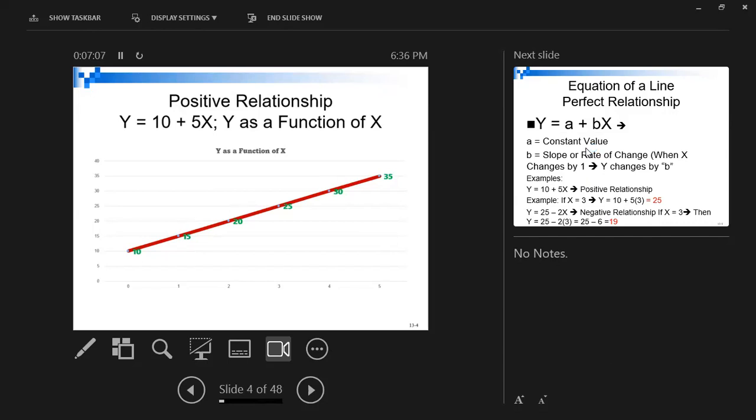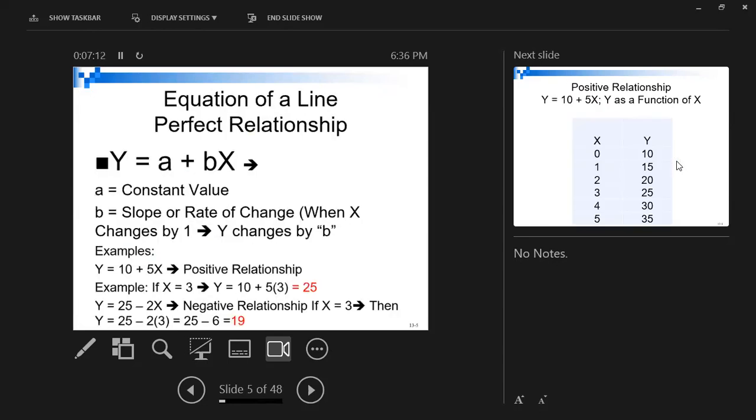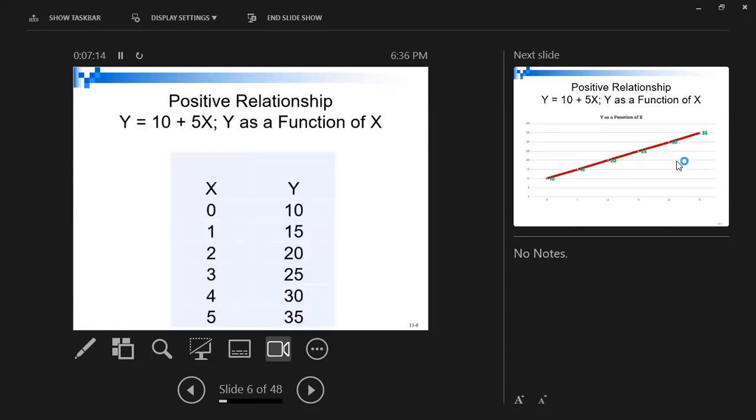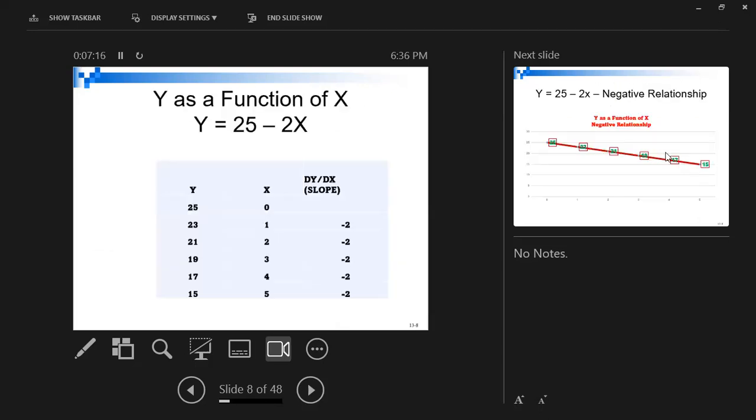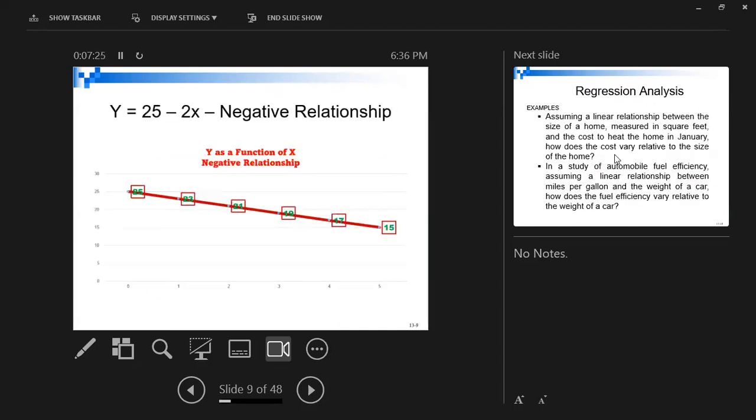And if you also look at the other function, y is equal to 25 minus 2x, what you also observe is that the line fits perfectly into the points.